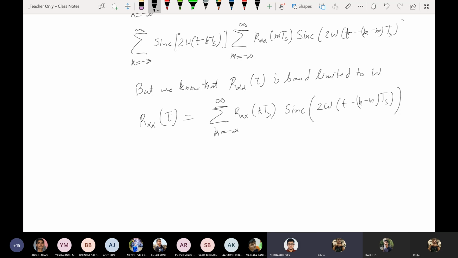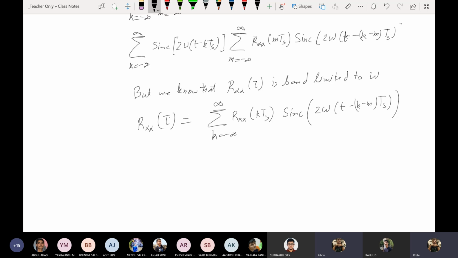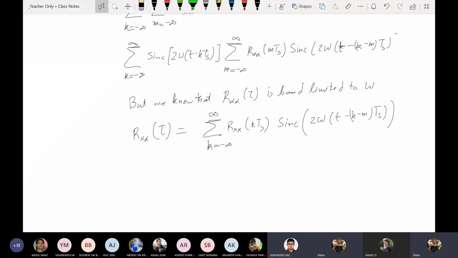Can you repeat this part? Yes. Rxx tau is band limited by definition. Rxx tau, this is the key part, is a deterministic band limited signal in tau, right? Yes, sir.